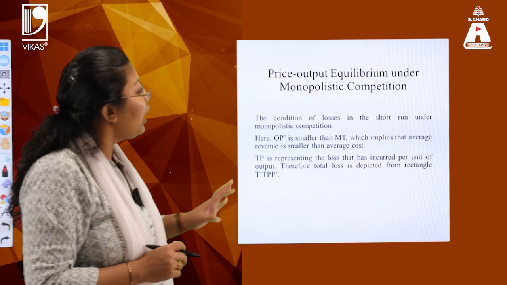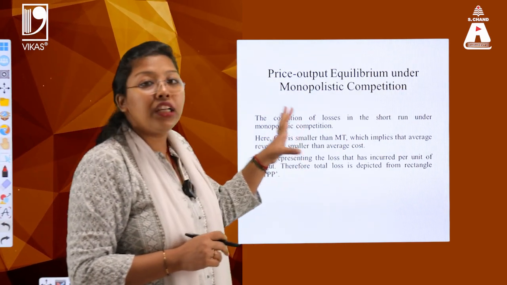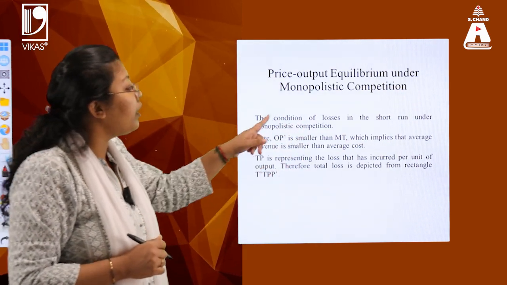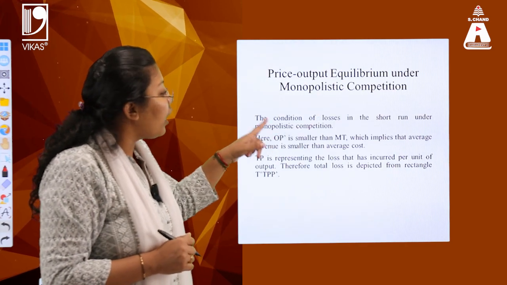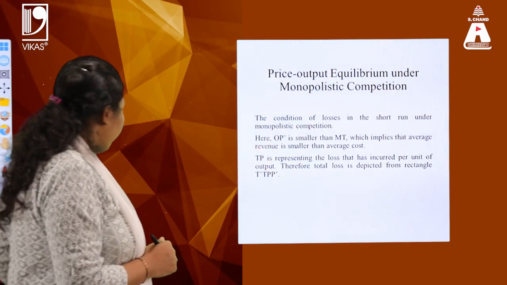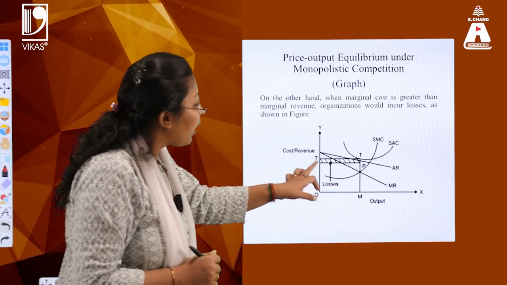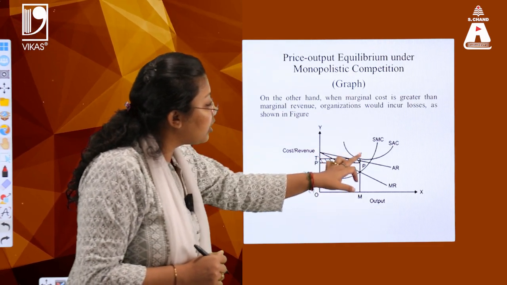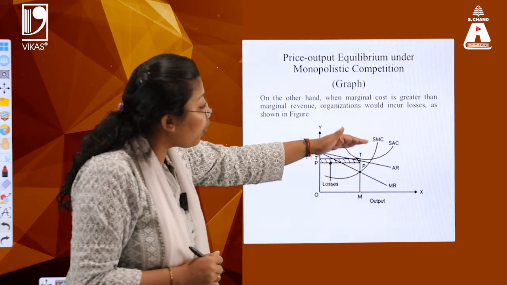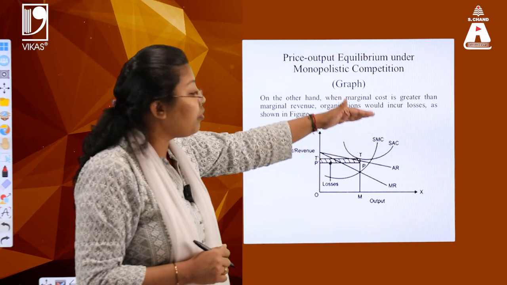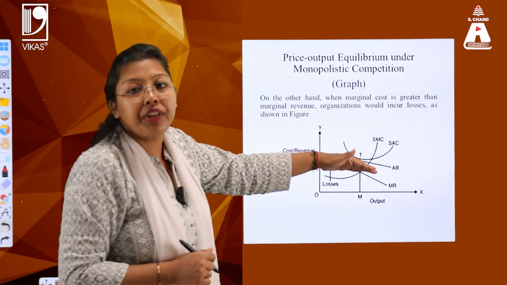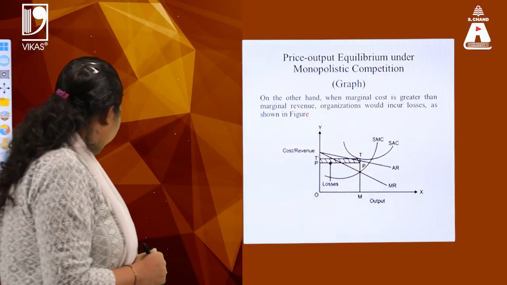So what is happening? हमारे लिए कहीं ना कहीं condition of loss जो है that has started, and in the short run under monopolistic competition, if you see this particular diagram, this zone is the zone of loss because short run average cost curve has surpassed the average revenue and marginal revenue.